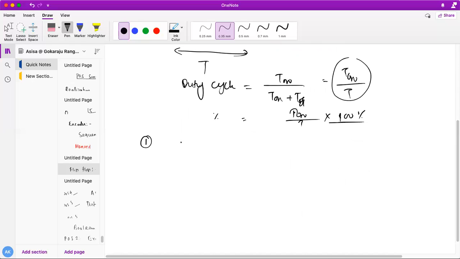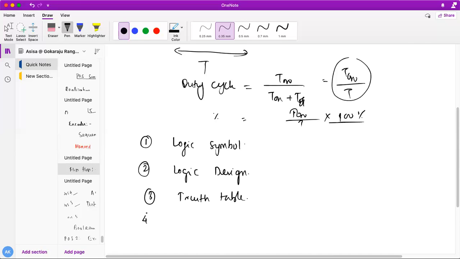First, we are going to study the logic symbol of that flip-flop. I'll tell you what the different flip-flops are, don't worry. Second, we are going to study the logic design. Next, we are going to study the truth table. Next, we are going to study the characteristic table.